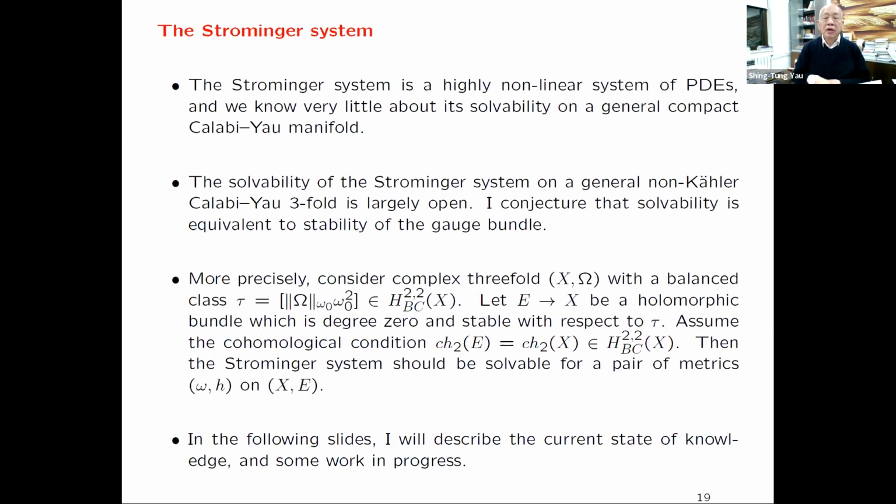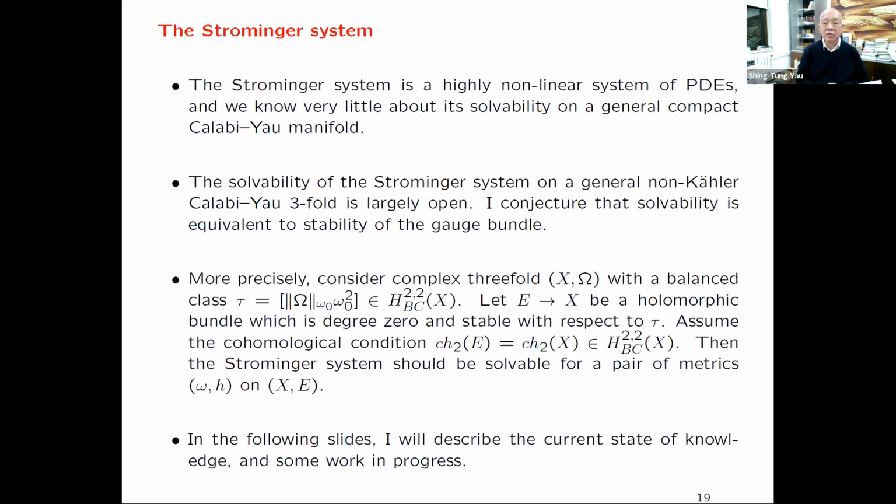This is a highly nonlinear system of PDE, and we know very little about how to solve it for a general compact Calabi-Yau manifold. So the solvability of this system is in general rather difficult.